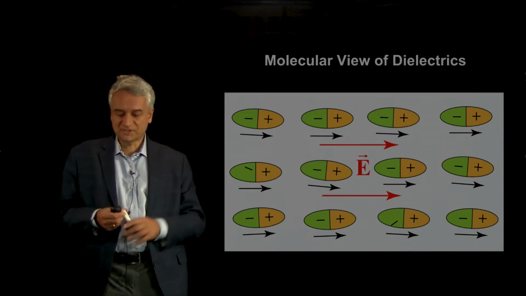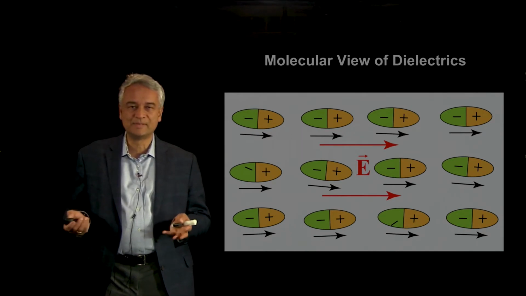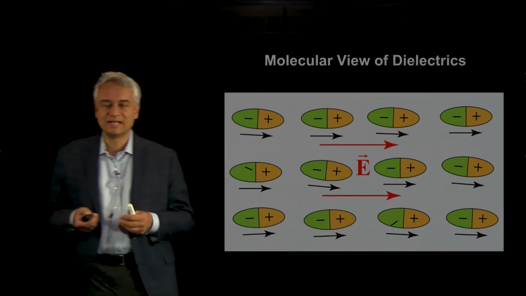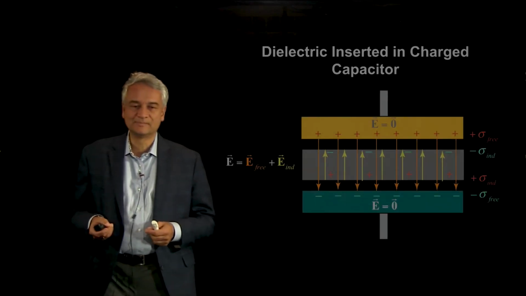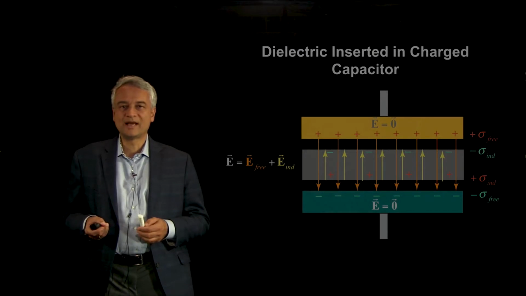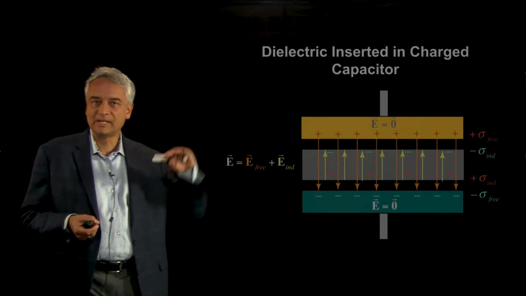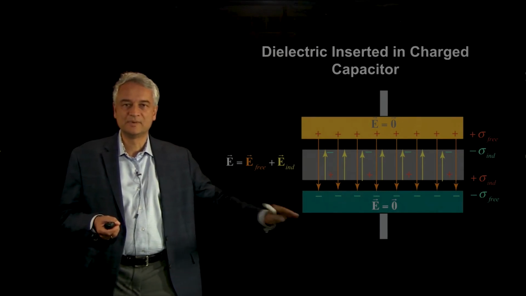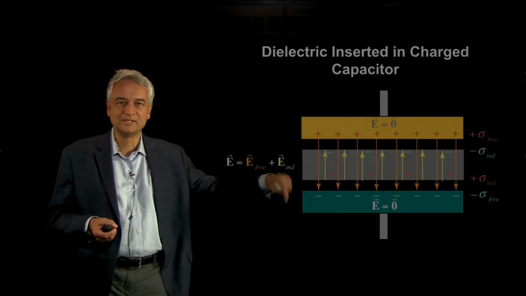Now, the question that we're going to ask then is what happens if I take a slab of dielectric, maybe a slab of glass or a slab of water, and I put it inside a capacitor, as we have here. So here I have a standard capacitor with positive charges on the top plate up here, negative charges on the bottom plate down here, making an electric field shown in orange pointing from the top plate to the bottom plate.